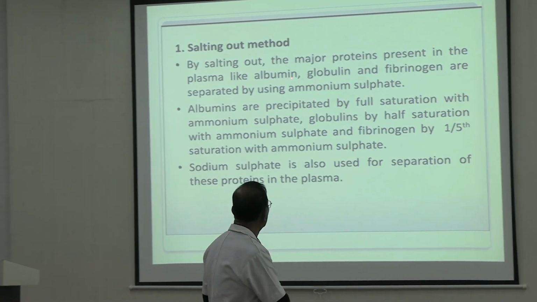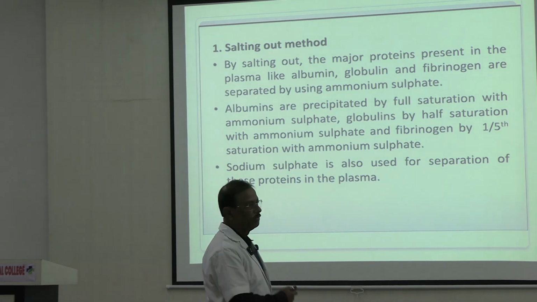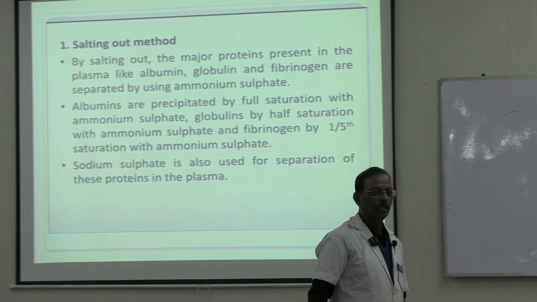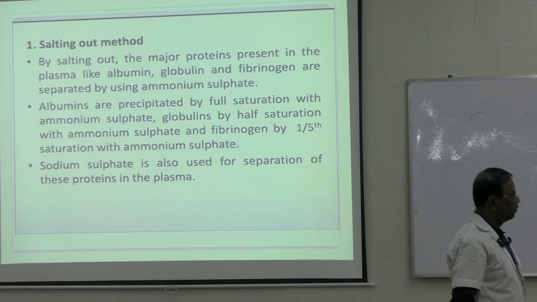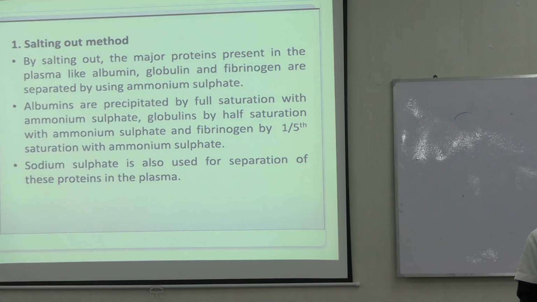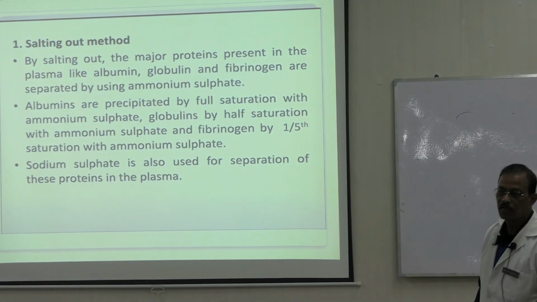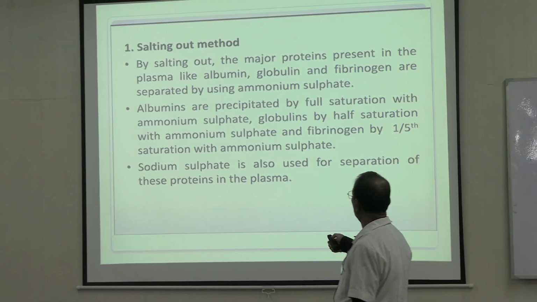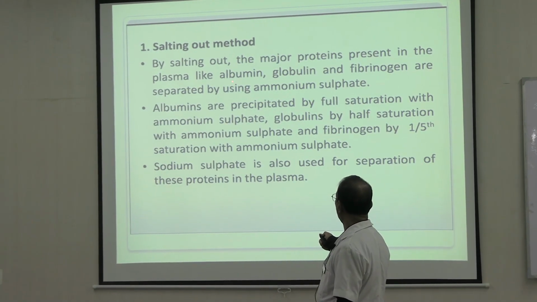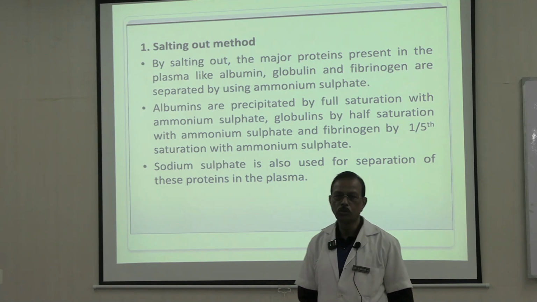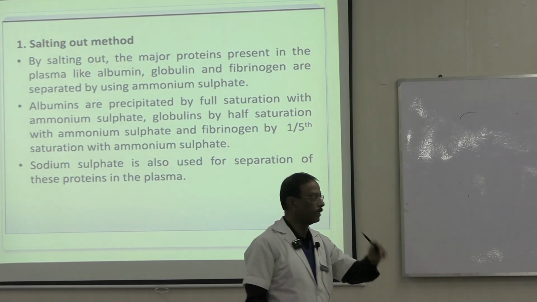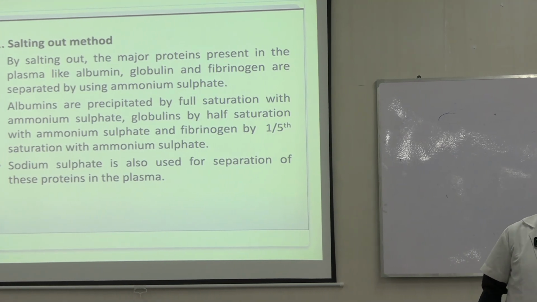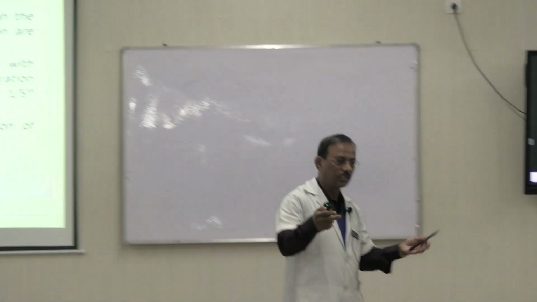to separate albumin, globulin and fibrinogen, what type of sample will we take? Which one? Serum or plasma? Anybody?